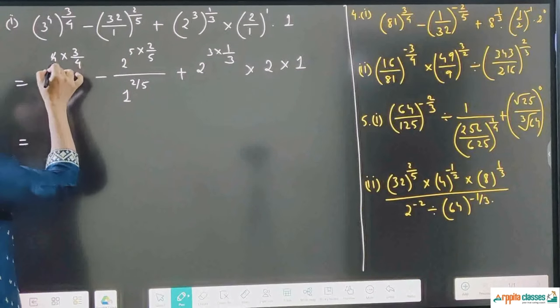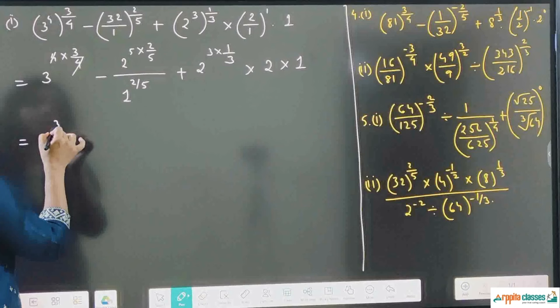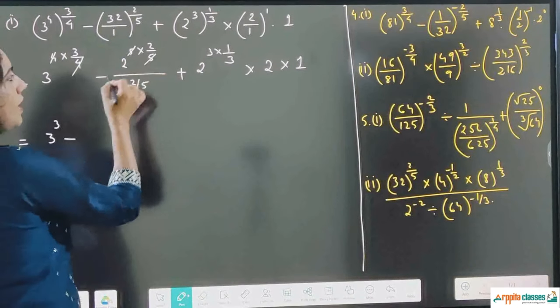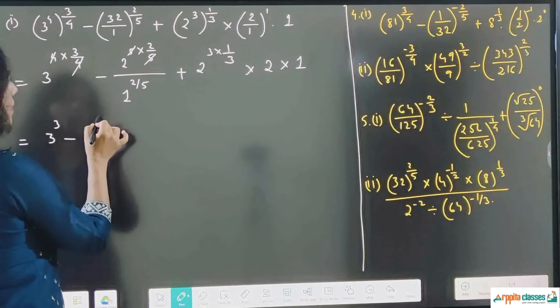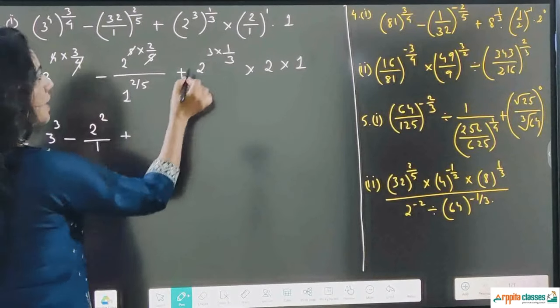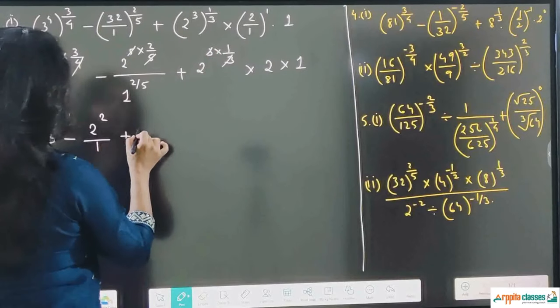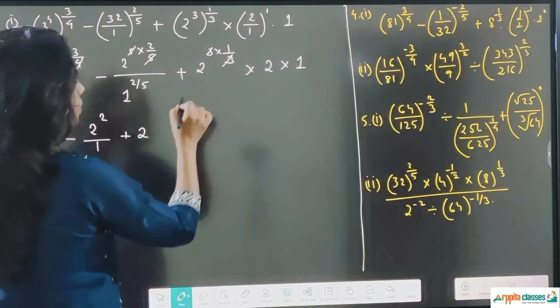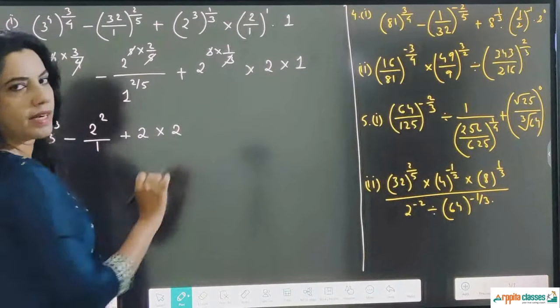Now 4 and 4 gets cancelled. This is 3 to the power cube minus here 5 and 5 gets cancelled, 2 to the power 2, 1 to the power anything is 1 plus here 3 and 3 gets cancelled, so it is only 2 to the power 1, that's 2. 2 into 2 into 1 is gone.